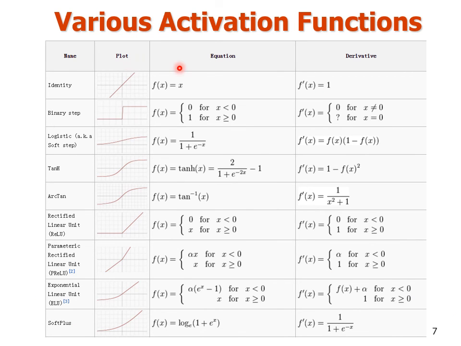There is a variety of activation functions that can be used depending on the architecture. So we have here the summary of activation functions that can be used. We have the identity function, the thresholding function or binary step function.